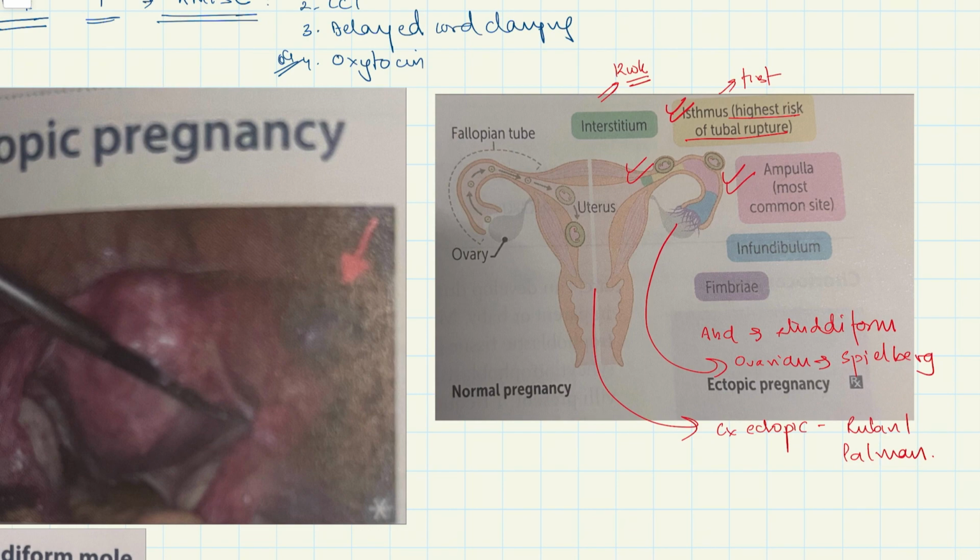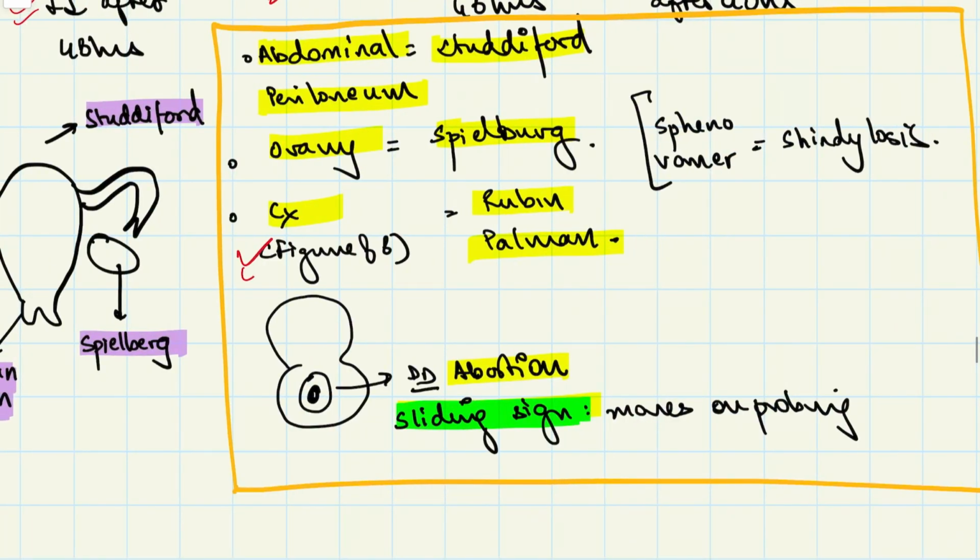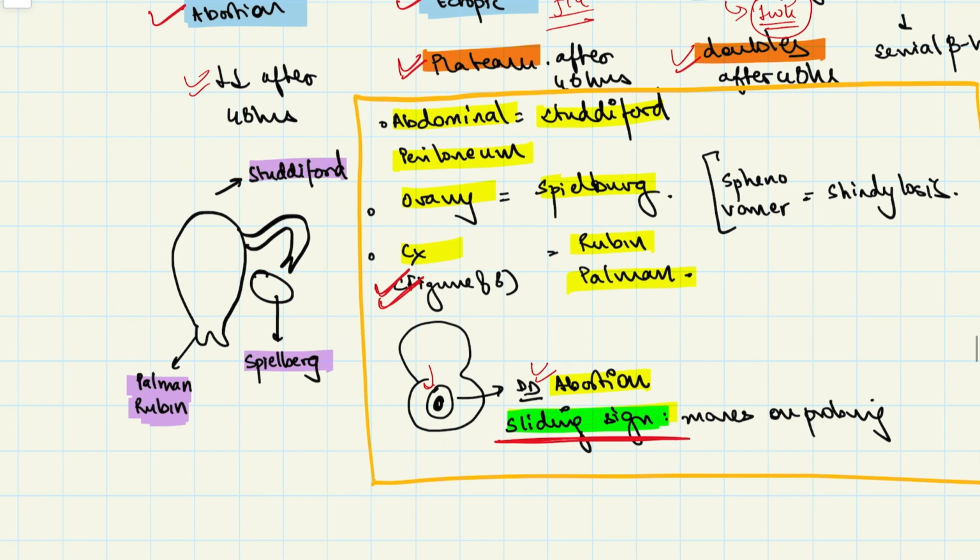Now, the cervical ectopic appears like an abortion, because abortion will also come down through the cervix. So how will we differentiate between a cervical ectopic and an abortion? In abortion, when we try to move the conceptus from side to side, it will move, while if it is implanted, or it is an ectopic, then it will not move on probing. Right? So for abdomen, Studdiford criteria, ovary Spiegelberg, and cervix, Paalman or Rubin criteria, showing a figure of 8 appearance.